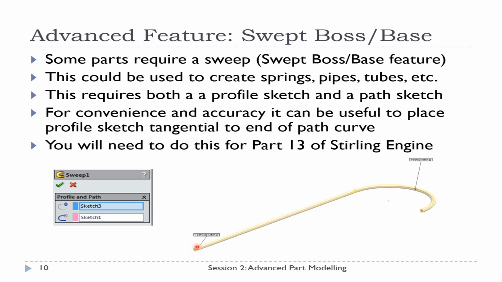Here we have a profile of a circle, then a line and arc as our path. We can use the sweep feature to create springs, pipes, tubes, or similar types of geometries.